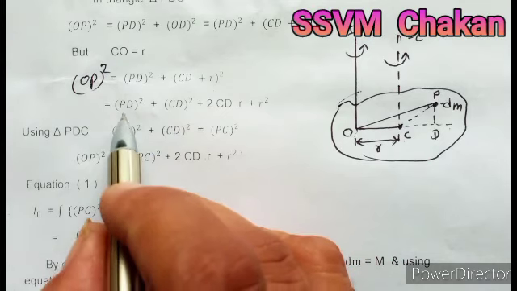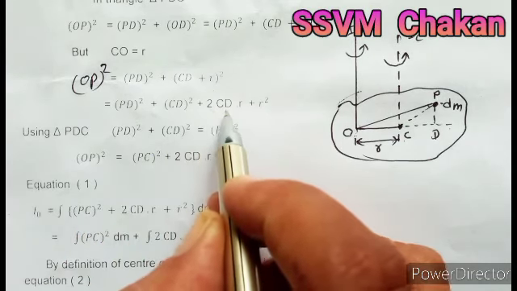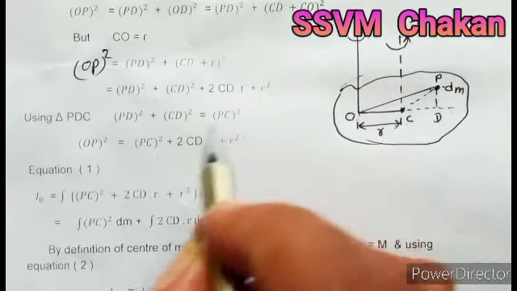Simplify this bracket, which is equal to PD square plus CD square plus 2 times CD into R plus R square.